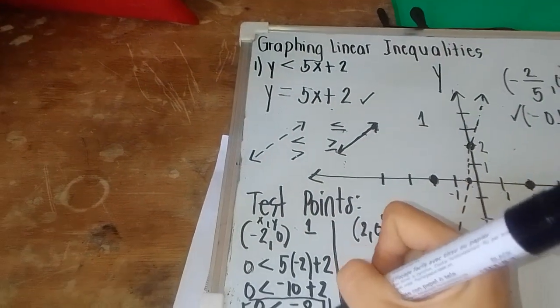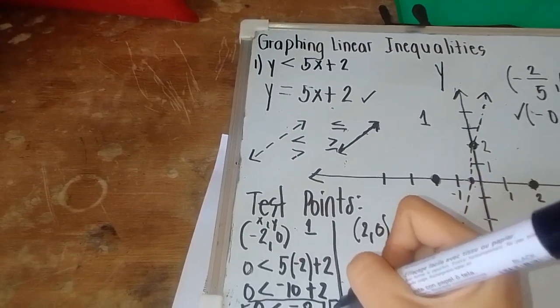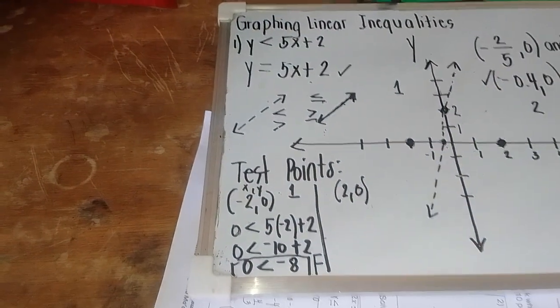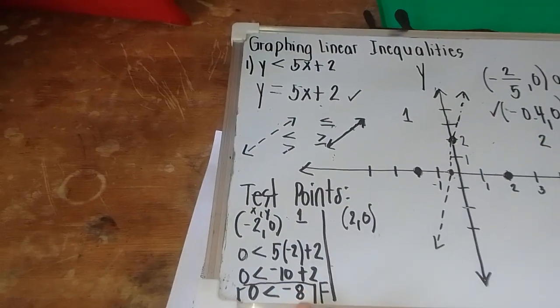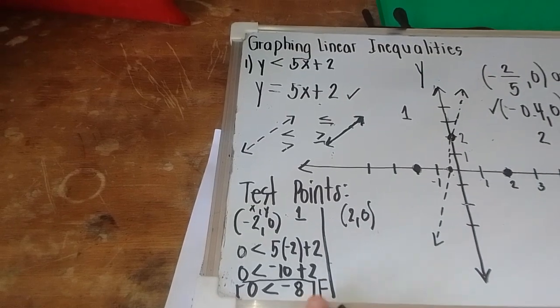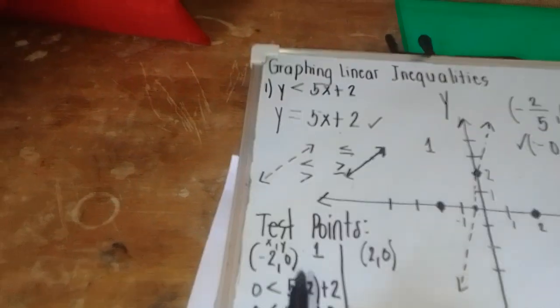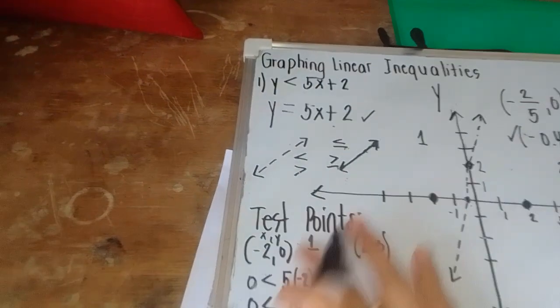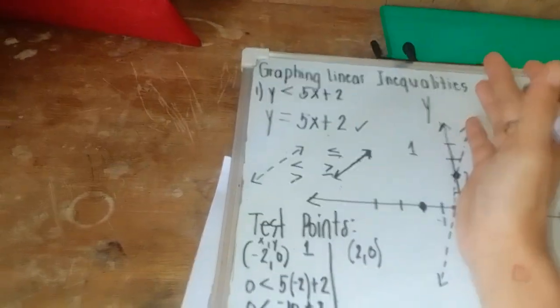That is not true, right? Because negative 8 is less than 0. So it is false. Since it is false, the sample ordered pair does not satisfy the linear inequality, so we will not shade it. That means we will shade region 2.